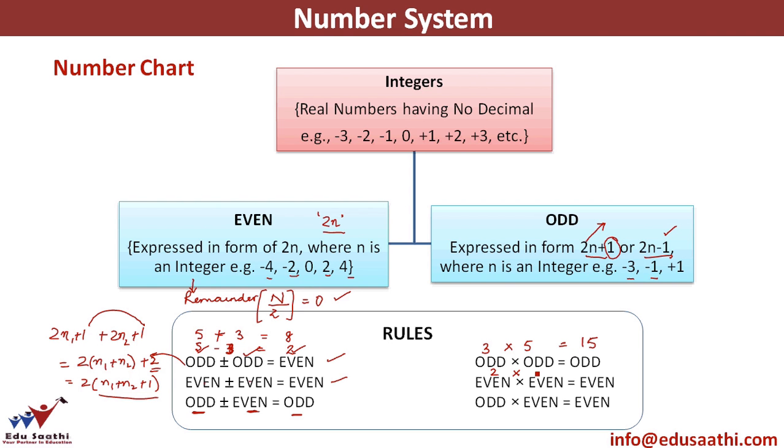Even into even would again give you an even number, and even into anything, be it even or odd, will always give you an even answer. Only odd into odd will give you an odd answer. Otherwise, odd into even or even into even will give you an answer which turns out to be even, that means a multiple of 2.